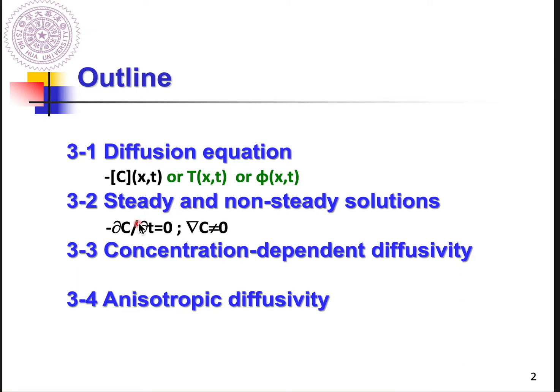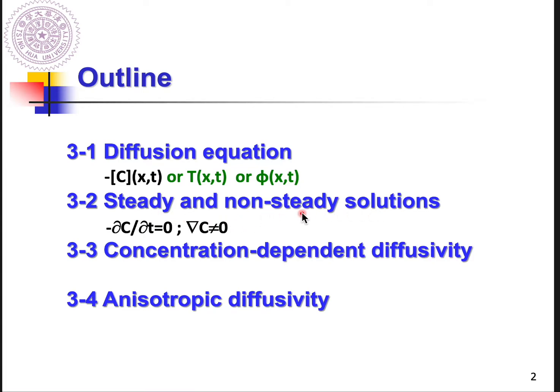Steady state means, if we talk about mass transport in solids, the concentration does not change with time, but there exists a concentration gradient. We call it a steady-state flow process or mass transport process.